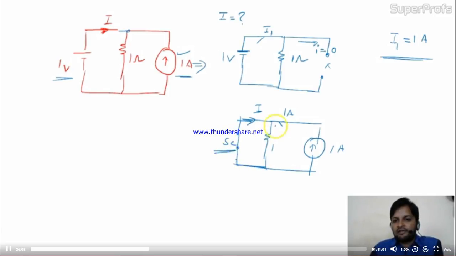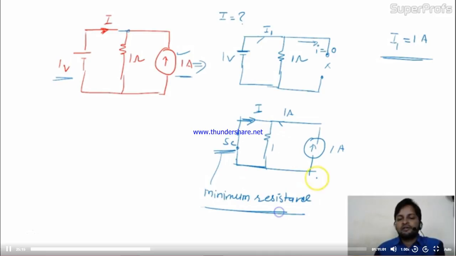So current always goes in the short circuit path. Short circuit means minimum resistance. So the full current will drain to the short circuit. Here only zero current will go, I equal to 0. So this 1 ampere fully will go in this short circuit.